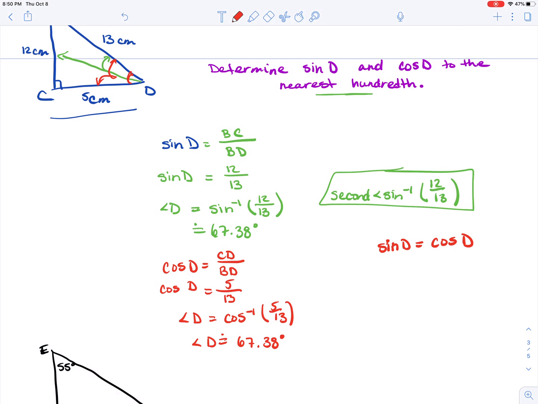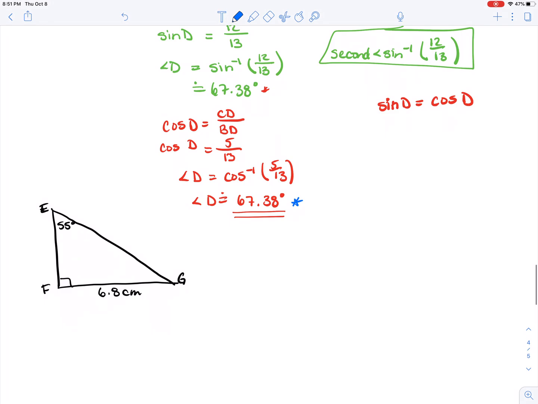So if it was a similar triangle with different lengths, and my angle was 67.38 degrees, it'll stay 67.38 degrees. So if you had a different answer for cos D than you did for sine D, you've made an error, and you really need to check that.